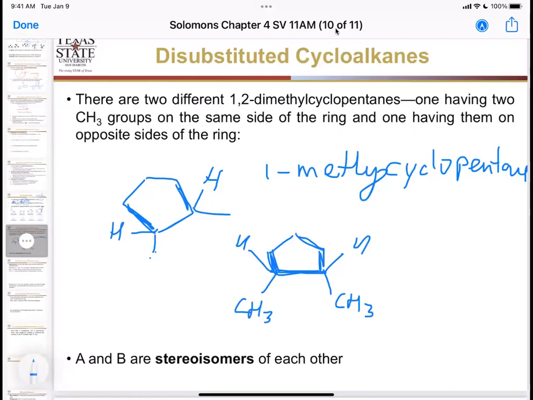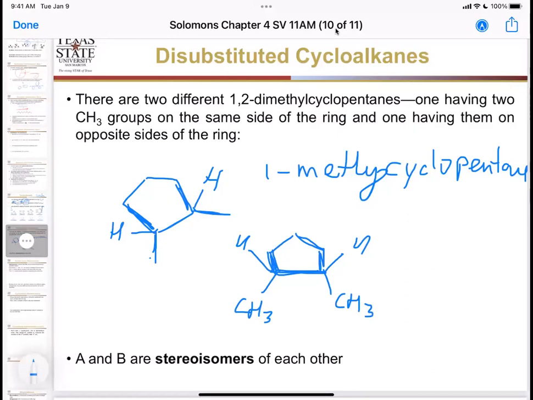Now, if we look at it on edge, the 2 hydrogens are on the same side of the ring, and the 2 methyl groups are on the same side of the ring. Because in our structure here, they could be either way.